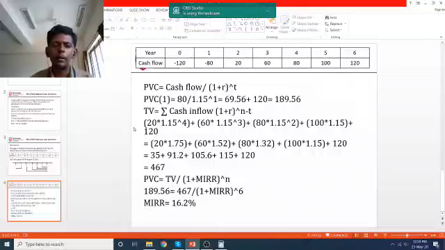I'll send out an email regarding that. And when it comes to MIRR also it is similar. You need to accept the project which has more modified internal rate of return, and in case modified internal rate of return is less than your cost of capital, you can reject the proposal, right? So that's about our today's session.